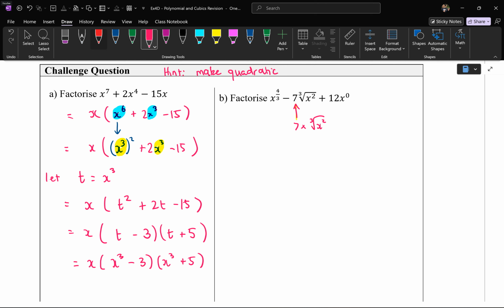And really, we only put the cube root and the x power 0 to distract you. We could have written it in the correct powers, and then it would have been easy to see. And same technique, you should be able to then factorize this one. Same technique. x squared to the power of 2/3.